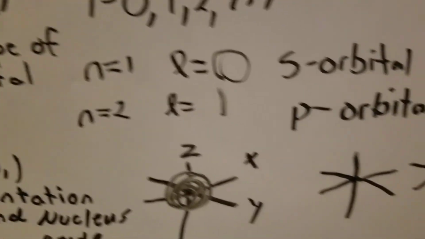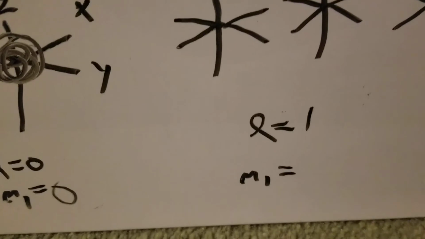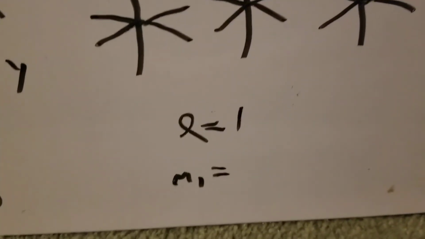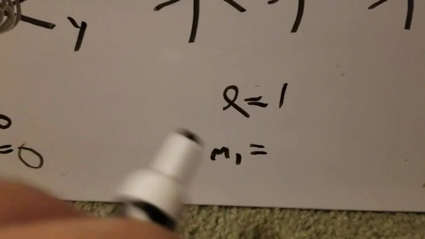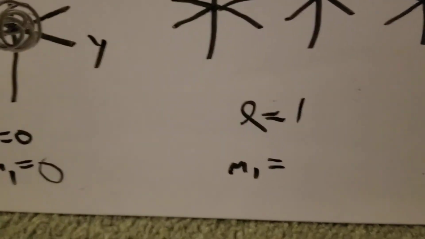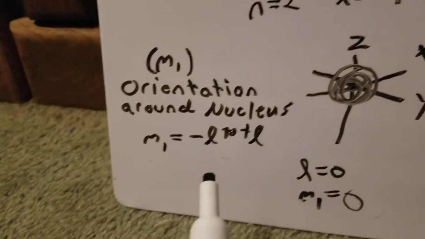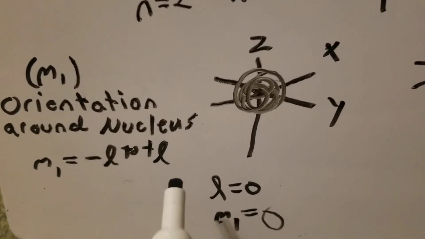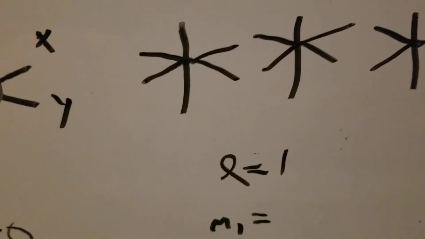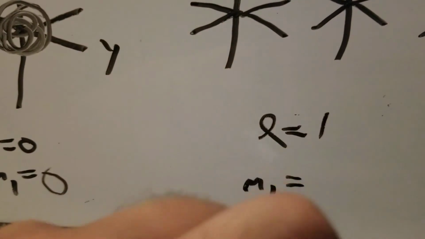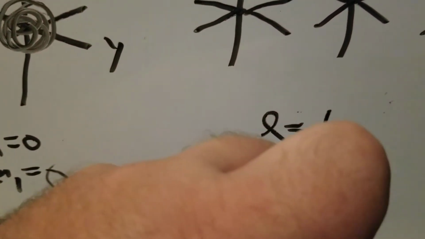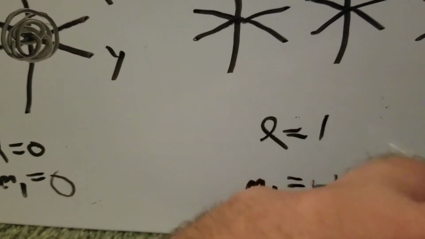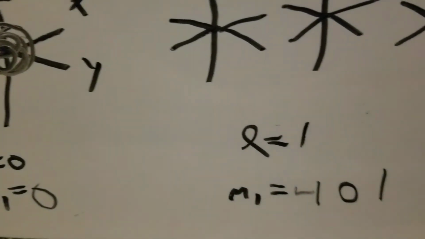Let's try another one. If L equals 1, this means that m sub L has to be everything between negative L and positive L. Therefore, m sub L will be negative 1, 0, and positive 1.